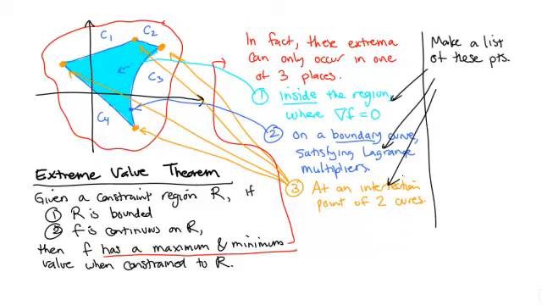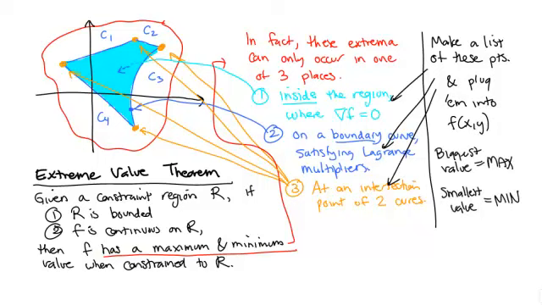Make a list of these points: the places inside the region where the gradient is 0, the places on the curves that satisfy the Lagrange multiplier problem, and the points that are the intersection of any 2 of these curves. And plug these points into the function f of x, y. The biggest value is guaranteed to be the maximum, and the smallest value is guaranteed to be the minimum. Let's take a look at an example.